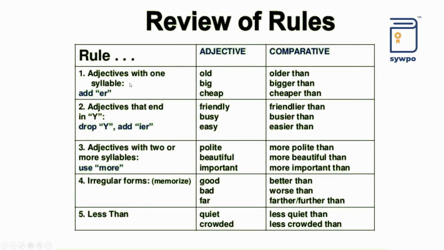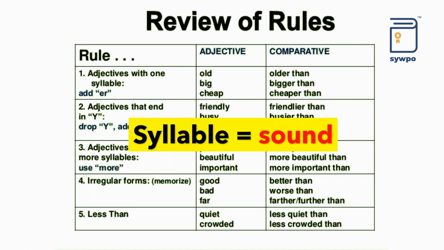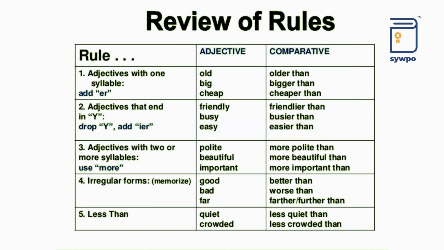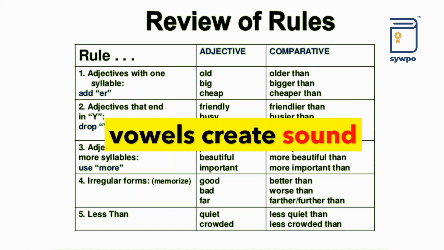So here, adjectives with one syllable. I'm sure you remember what one syllable is. One syllable means one sound. Yes or no? Syllable equals sound. And the vowel is the one that is always creating the sound. In a word, you have to look for the vowels.